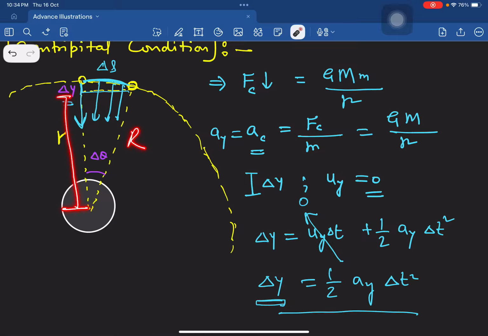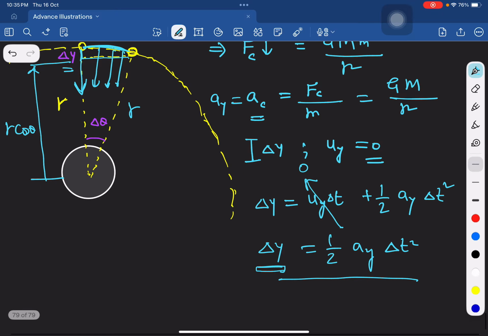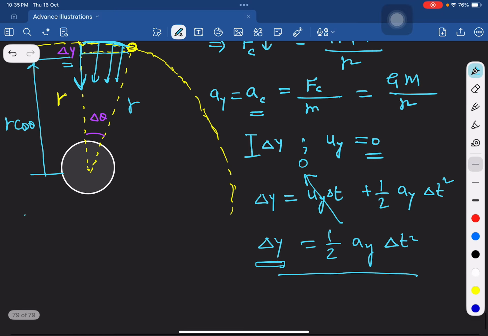Let me write this down. This will be also r, and this will be r cos theta, okay. So what we can say is that delta y is nothing but r minus r cos theta. Delta y is equal to r minus r cos theta.